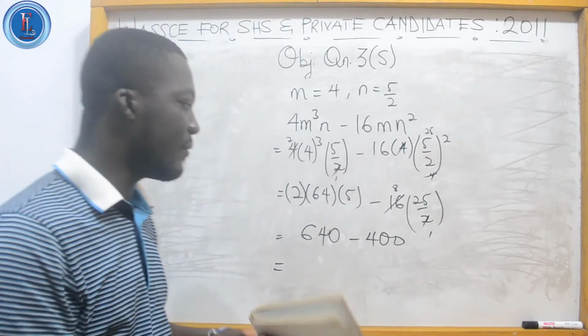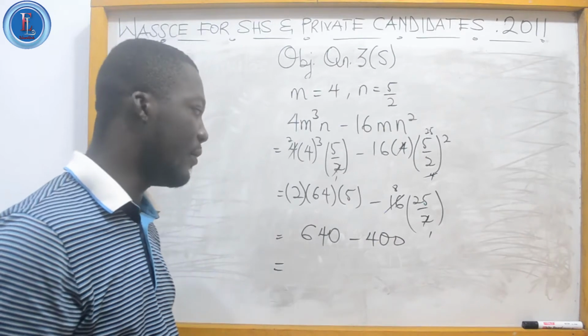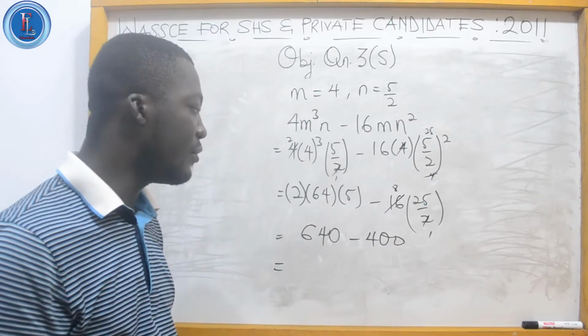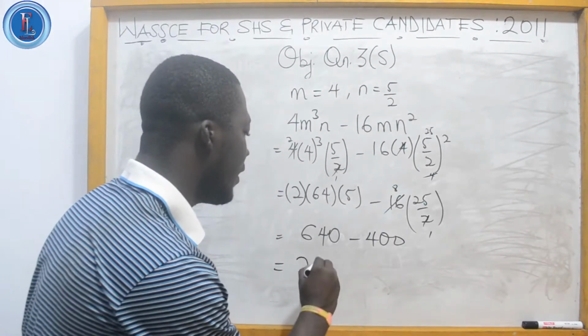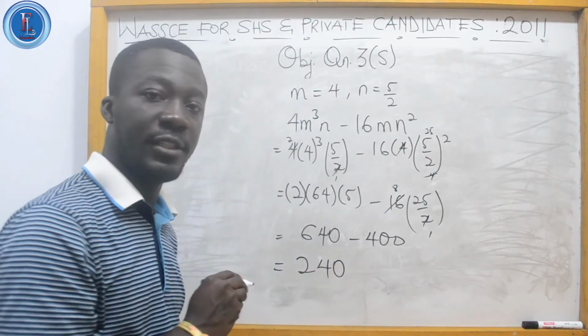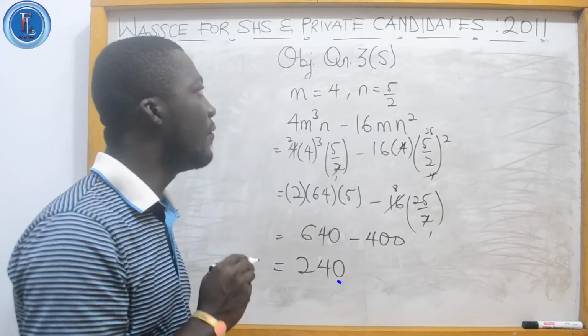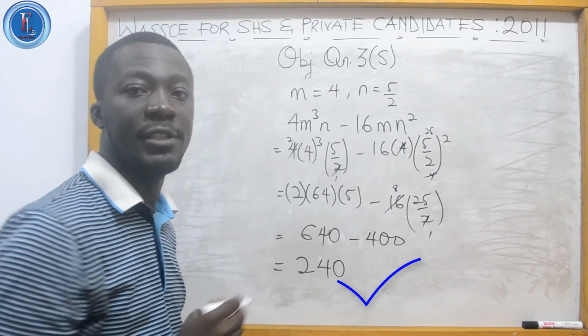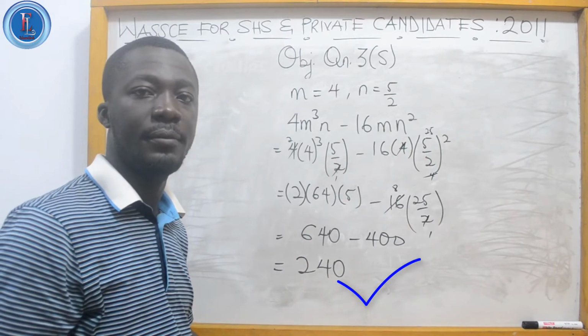When we subtract 400 from 640, we are going to get 240, which is our value for the expression we were given.